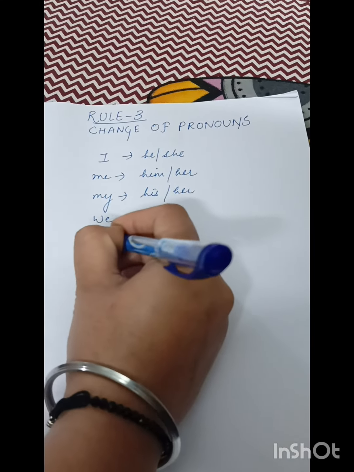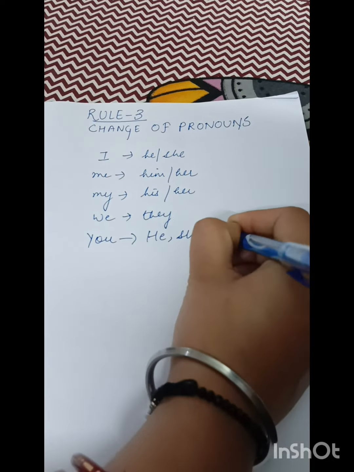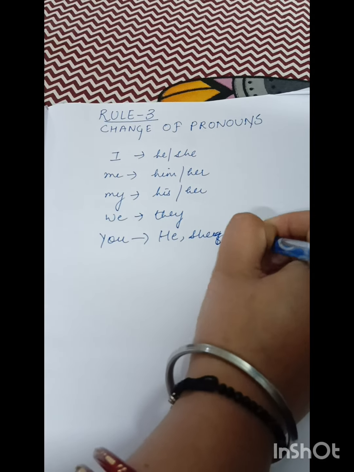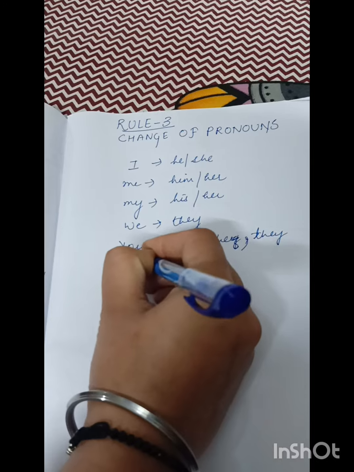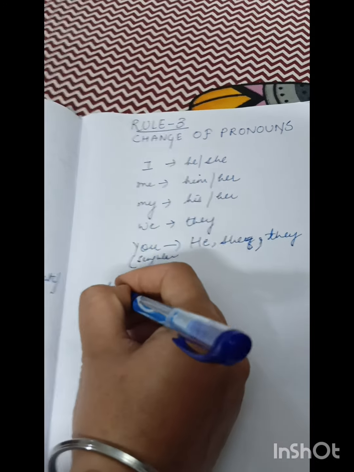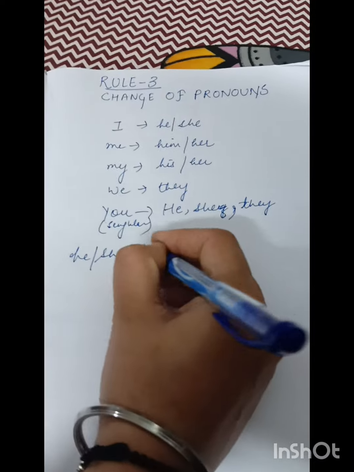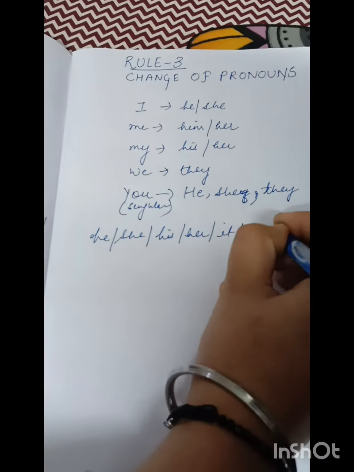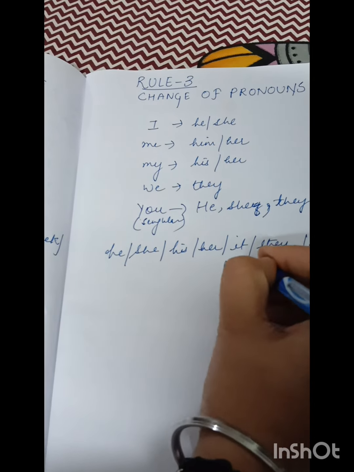You gets changed into he, she, they, in case of singular, if we are referring to the singular. And if we talk about he, she, his, her, it, they, them, there will be no change in these cases.